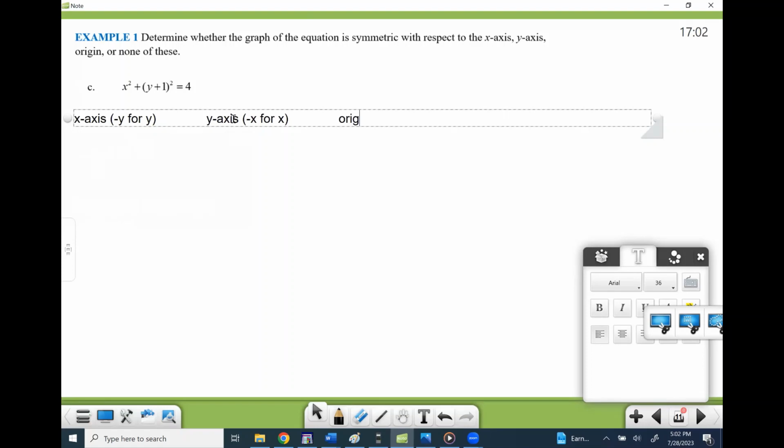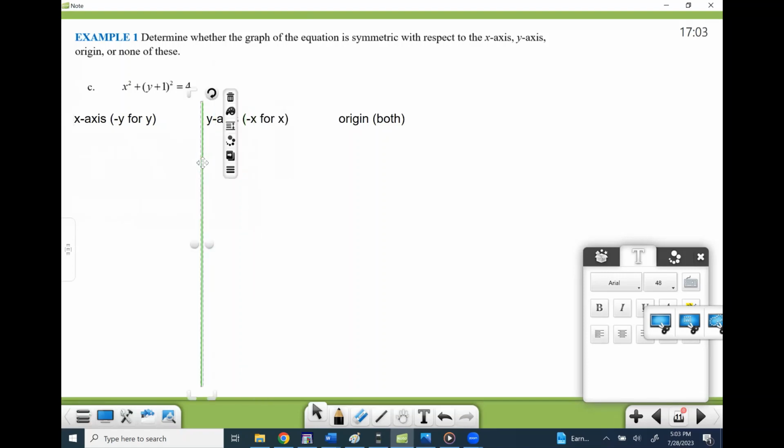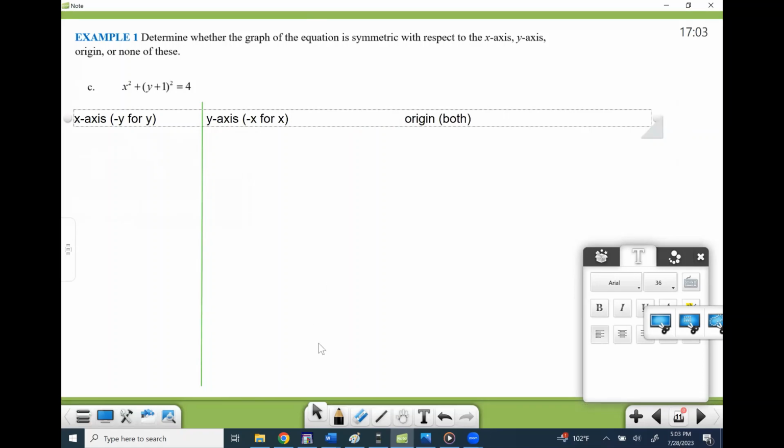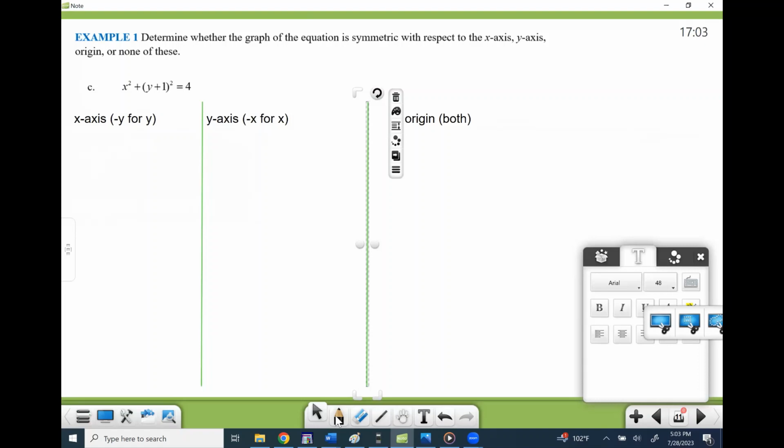And then for the origin, we're going to do both. This might need to be spaced out a little bit more. Let's try it. All right, so I'm going to put a negative y for y.